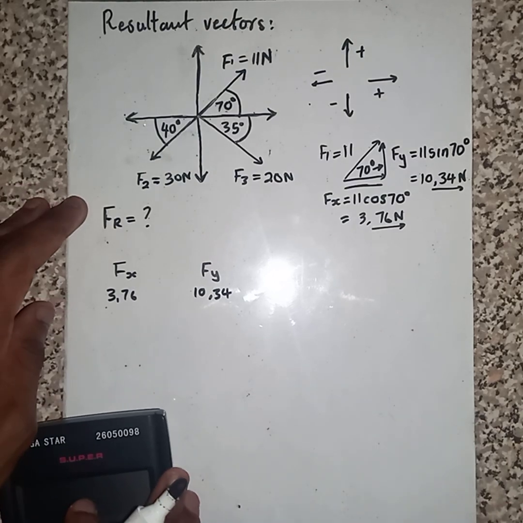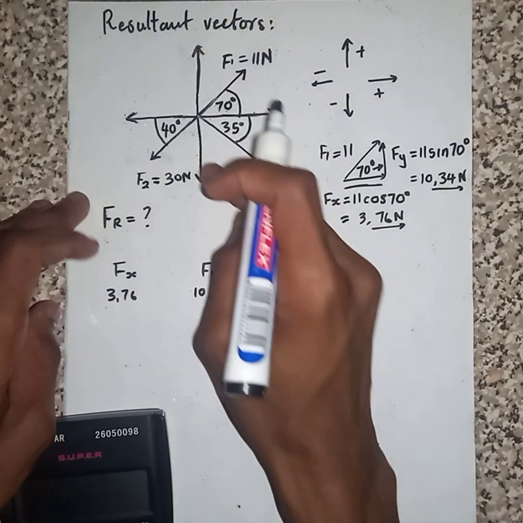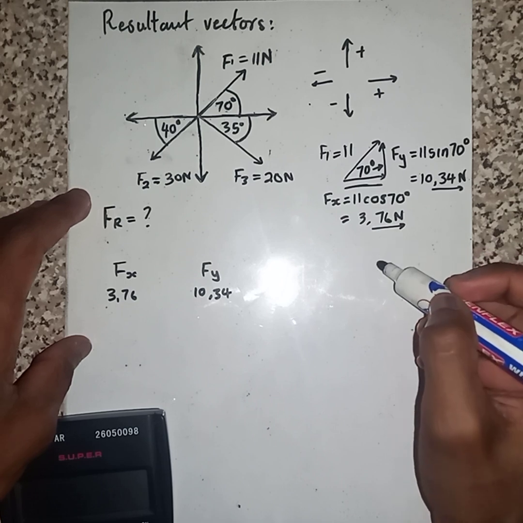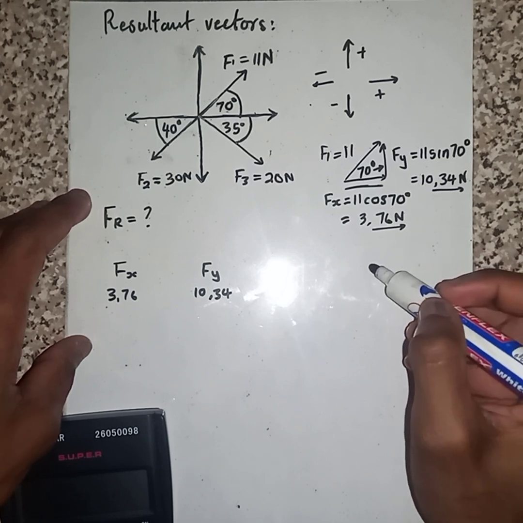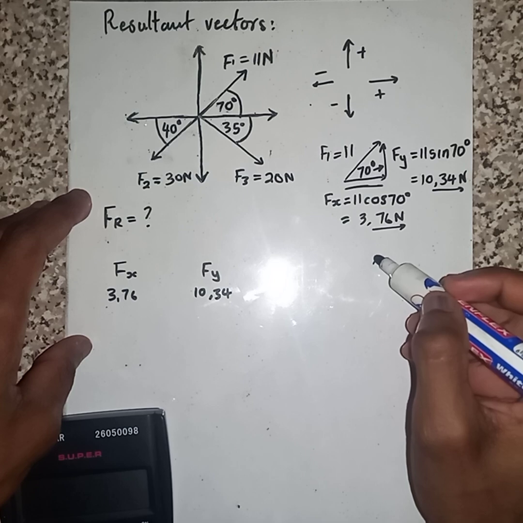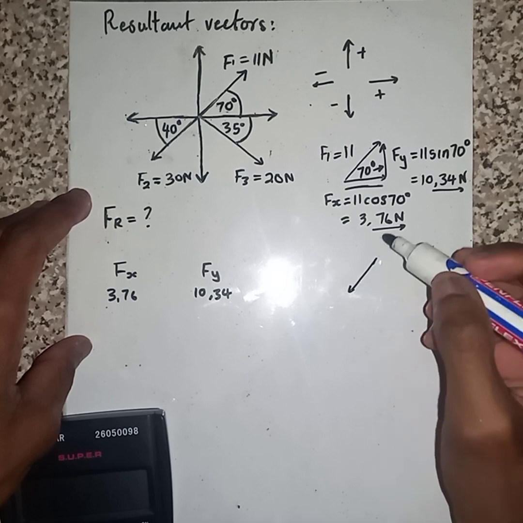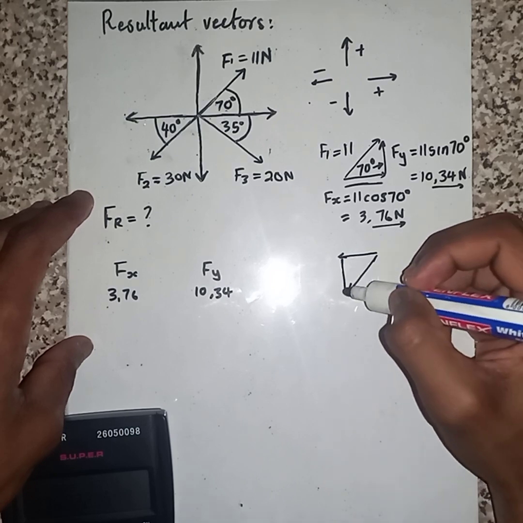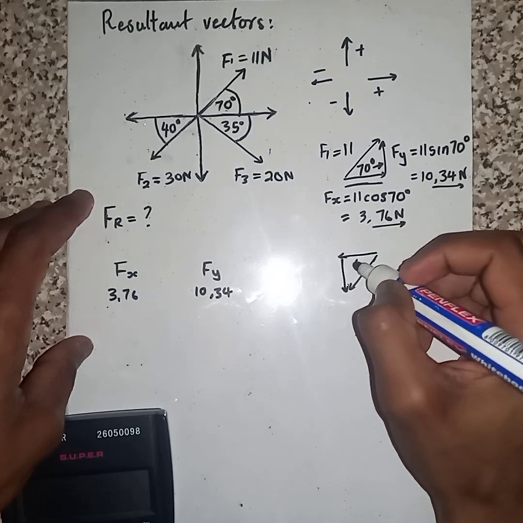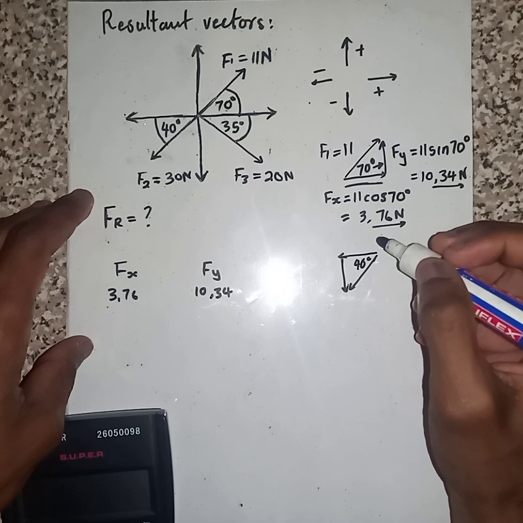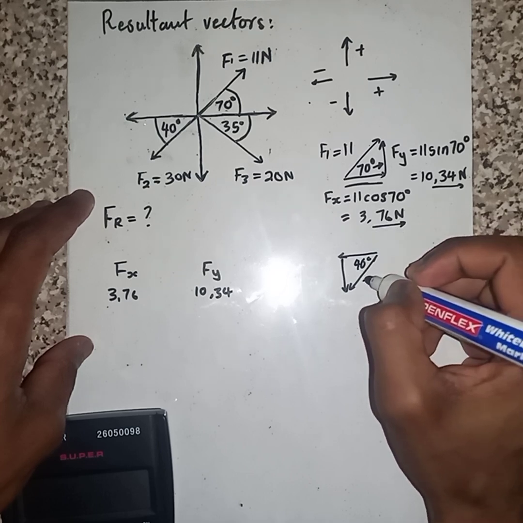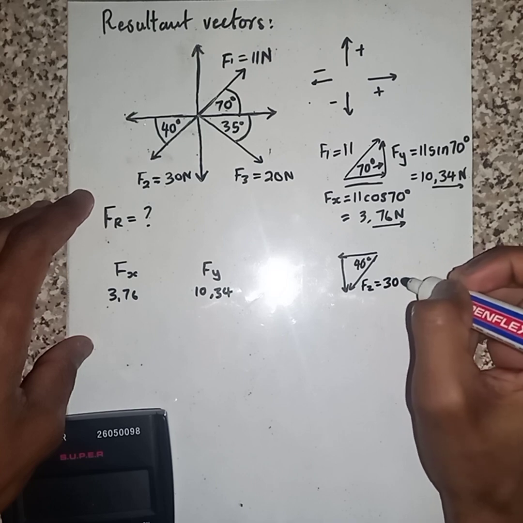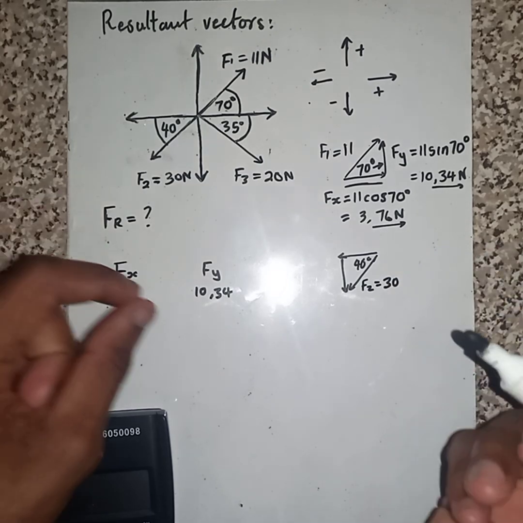Now let us continue by focusing on F2, which is like this. We have a diagram like this, with 40 degrees there. We also have F2 being 30 newtons.